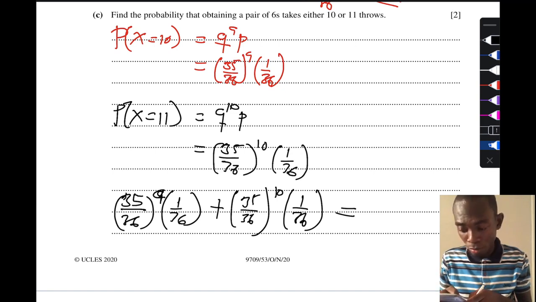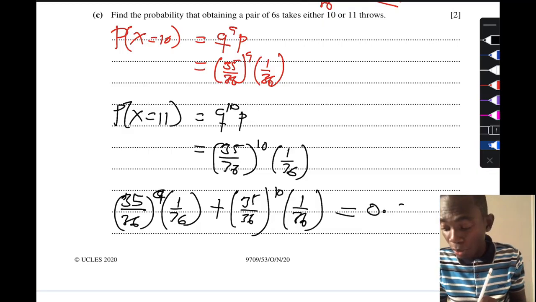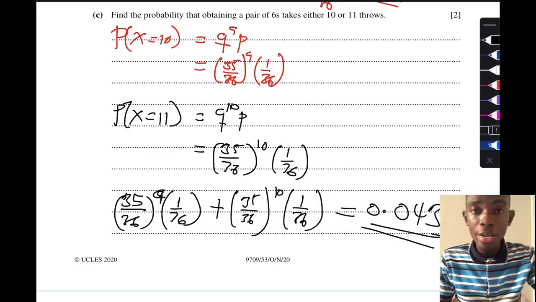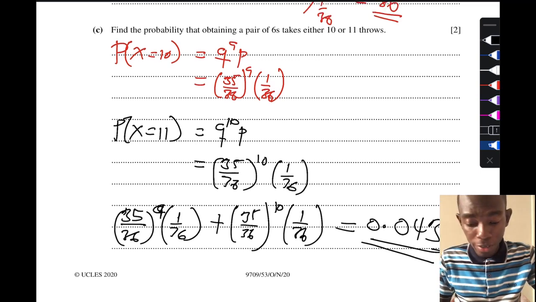Our answer is 0.043, correct to 3 significant figures.